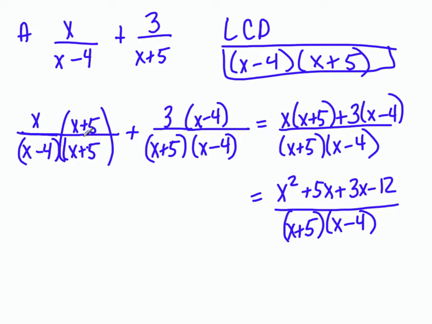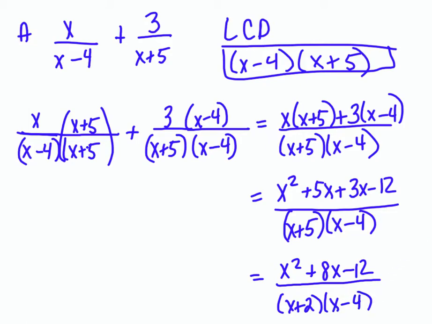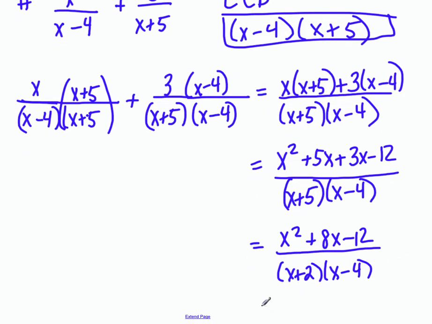Okay. Finishing this out, this would become x squared plus 8x minus 12 over x plus 5, x minus 4. Then this top, you've got to make sure it won't factor. Well, we can try at least.